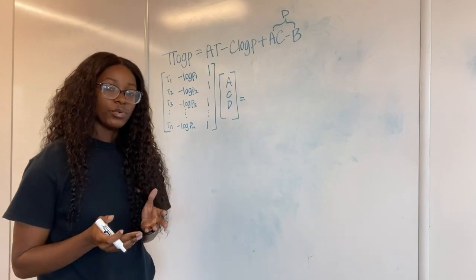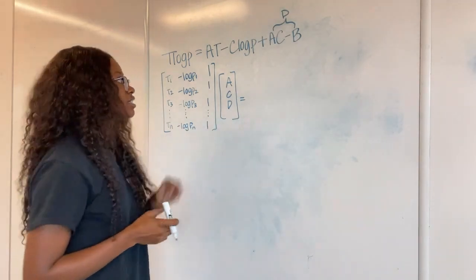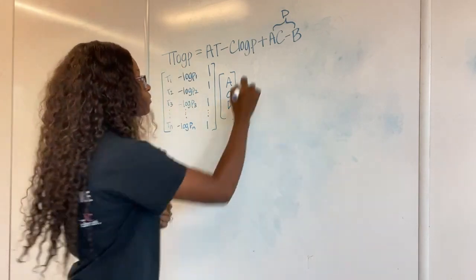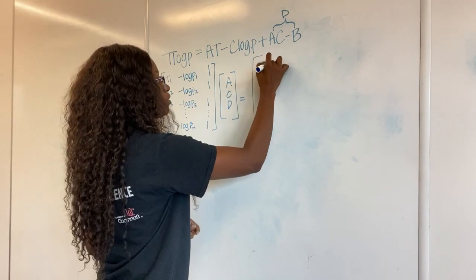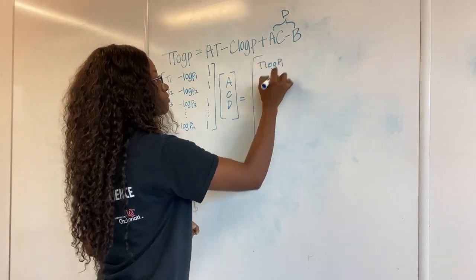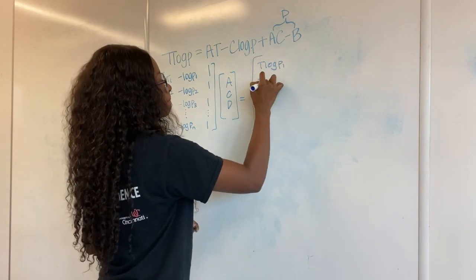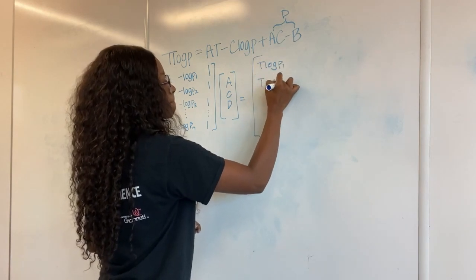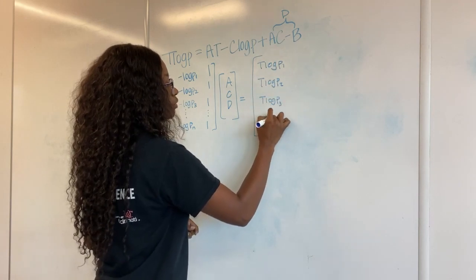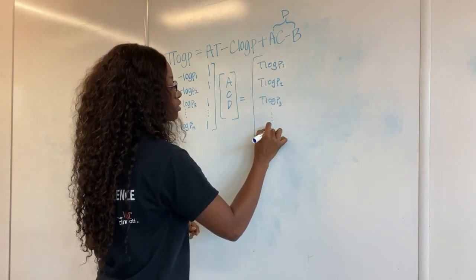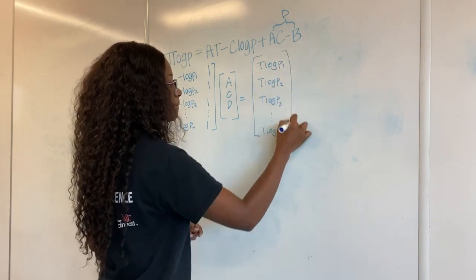And finally, we can set this equal to a matrix consisting of this T log P term. And do the same thing as we did with the design matrix. This is lowercase p. All the way down to the temperature times the log of some pressure Pn.